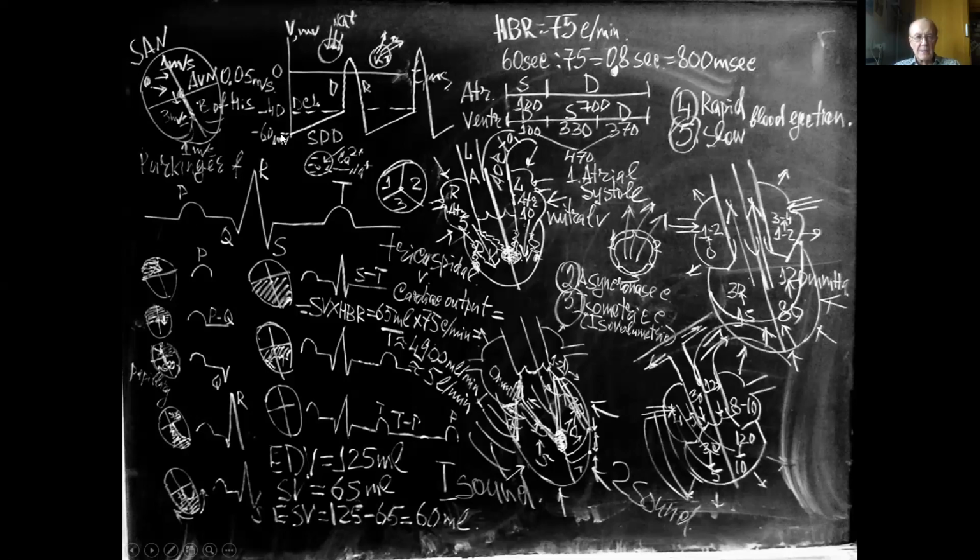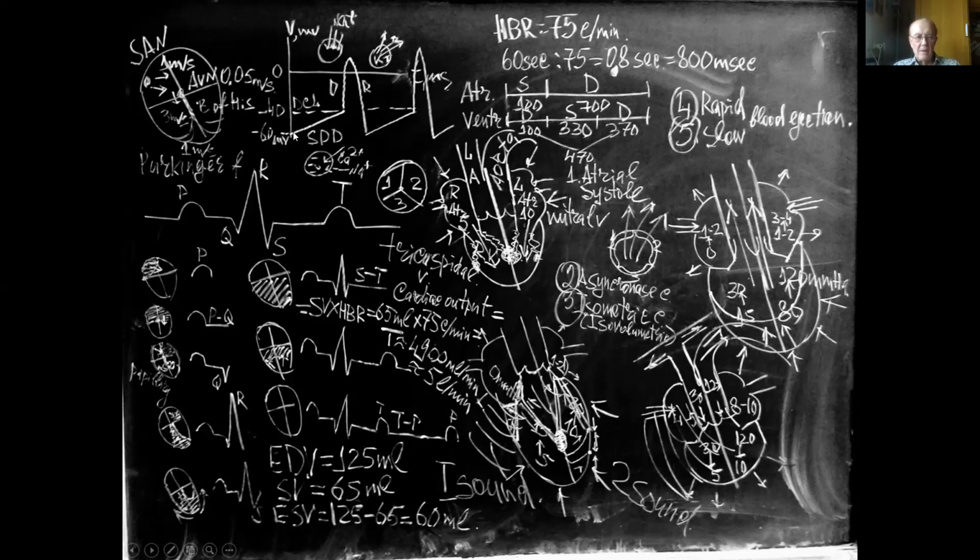And this is the registration of the membrane potential in one cell of the sinoatrial node. The sinoatrial node consists of approximately 100 atypical myocardium fibers. This is the action potential and the membrane potential only in one cell, any cell.